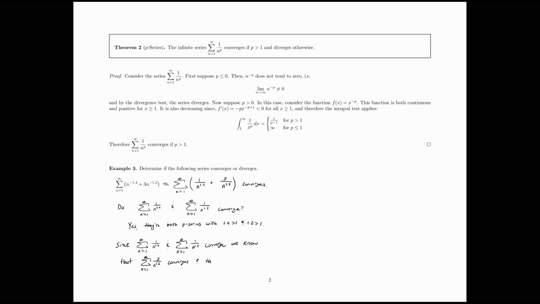And therefore, the series that we have, n equals 1 to infinity of 1 over n to the 1.4 plus 3 over n to the 1.2, converges.